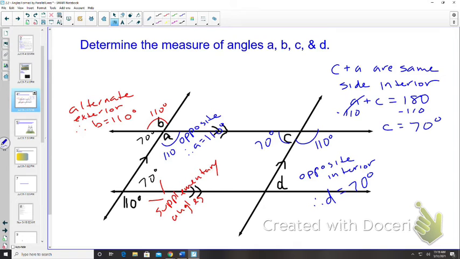So we can put our answers together so it's easy for your teacher to see: A is 110 degrees, B is 110 degrees, C is 70 degrees, and D is 70 degrees as well.